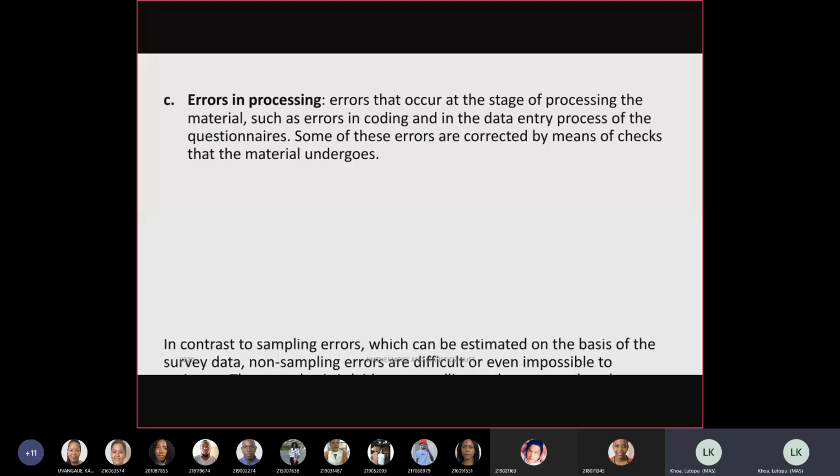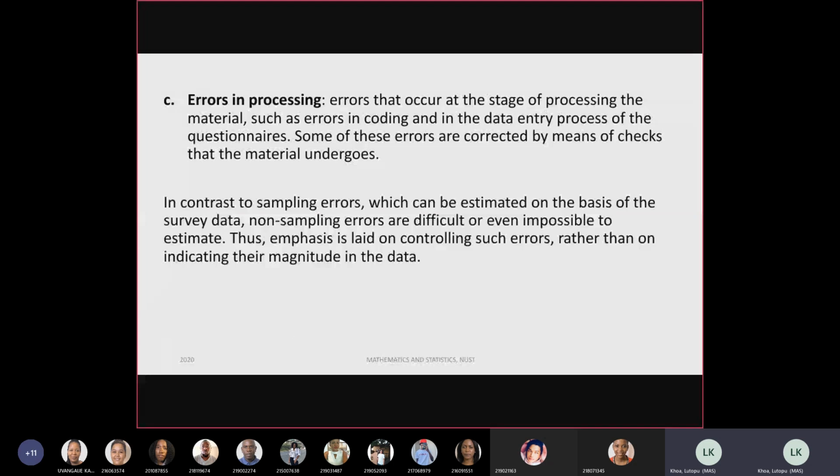So you might not even know that somebody incorrectly answered something. You might not know that somebody didn't understand the question and they just answered it the way they thought it was supposed to be answered instead of actually giving you the correct answer. So such things.